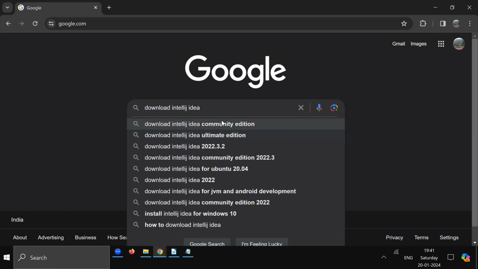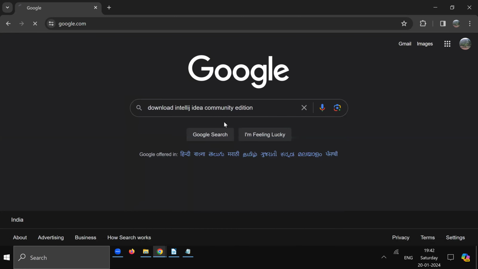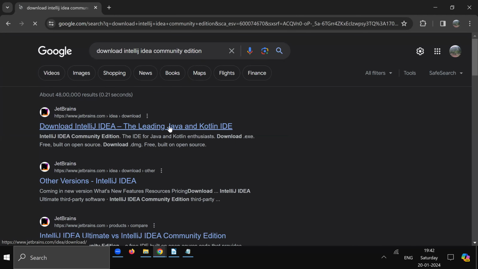But people who are learning Java, beginners, for educational purpose, Community Edition is provided. Community Edition is free. It contains all the features of Ultimate Edition, but cannot be used for commercial purpose. So you better note down this search criteria that you have to enter into the Google search box: Download IntelliJ IDEA Community Edition.